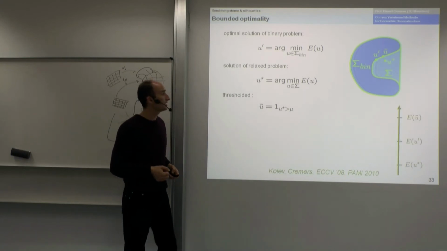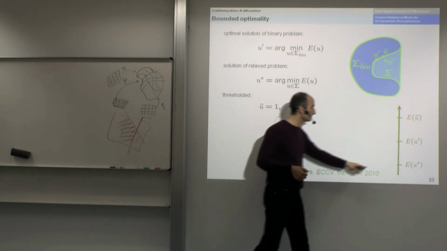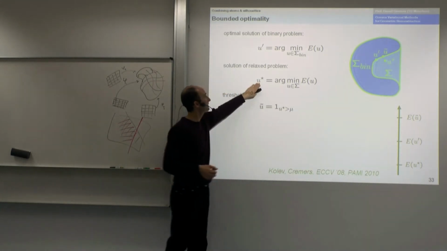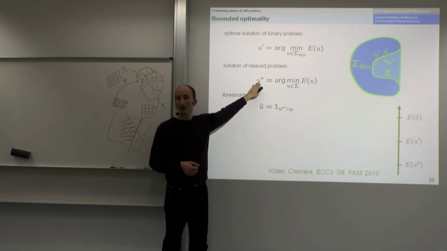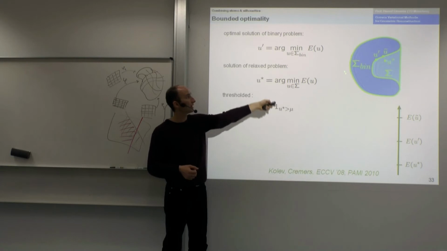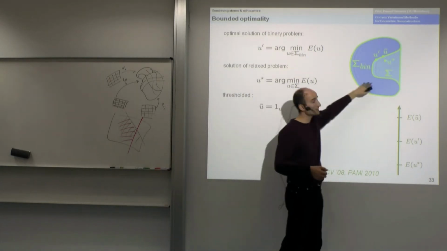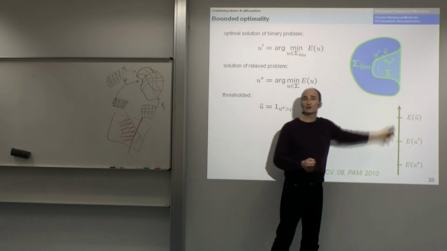But in terms of energy, what do we have? Well, the lowest energy, provably lowest, is that of U star. Why? Because we're minimizing energy E in a very large domain. In a domain that contains the binaries among others, but it contains more functions.